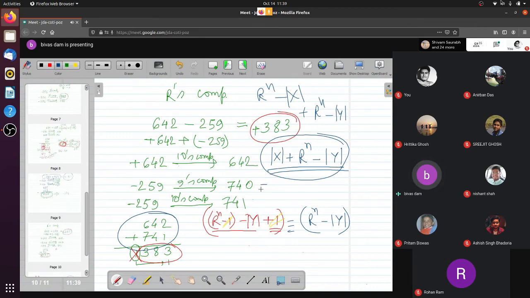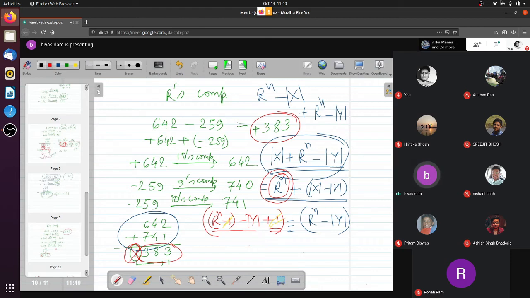Now, this is equivalent to R to the power n plus mod x minus mod y. This R to the power n is nothing but this carry bit, as explained earlier in the R minus 1 complement scheme.